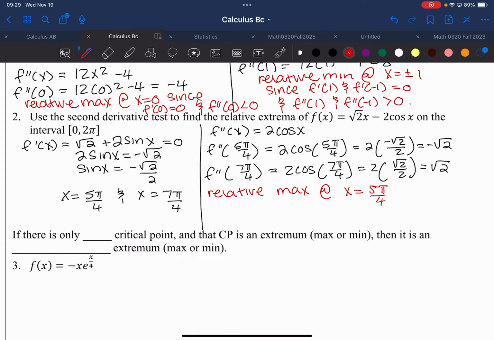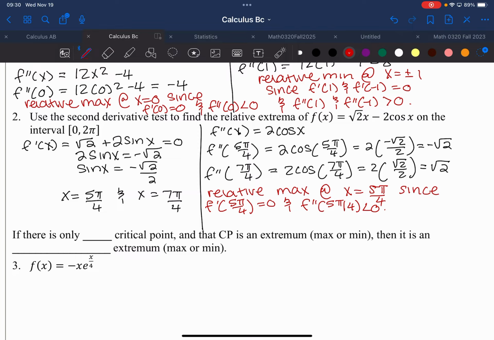Okay, and again, you would use that same justification. So we would say, since f prime of 5 pi over 4 equals 0, and f double prime of 5 pi over 4 is less than 0. It's negative.